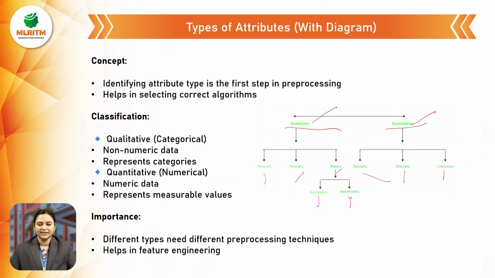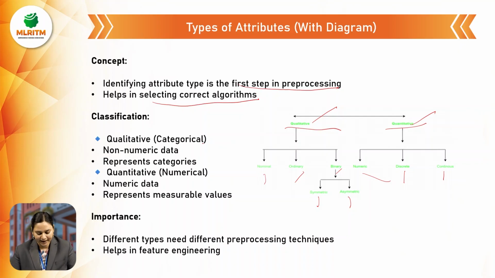Here the main concept is identifying the attribute type is the first step in pre-processing. Identifying which type of attribute it is, that is the first step in pre-processing. After that, it helps in selecting correct algorithms. The next classification is qualitative.